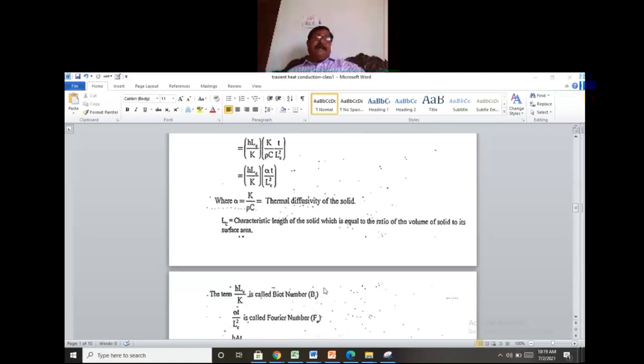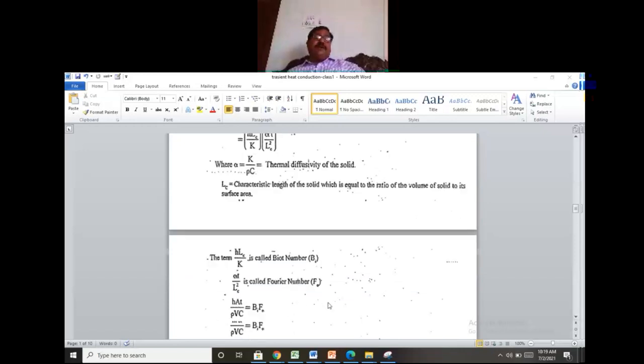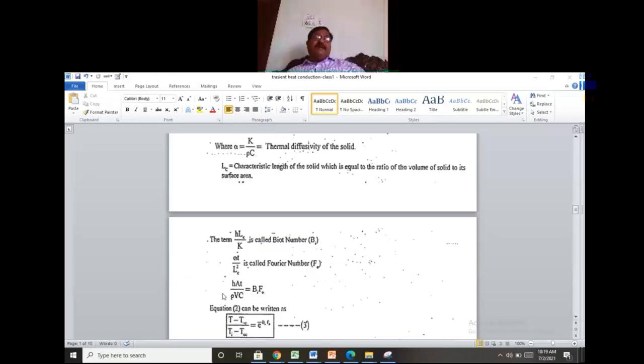Alpha t by Lc square is called the Fourier number. Therefore, hAt divided by rho Vc becomes the Biot number times the Fourier number.